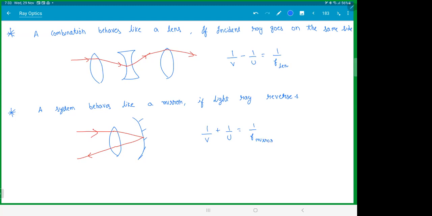Yes Aryan, we'll see that in the next class. What happens if there is a TIR? That's a good one. So TIR is what? It's like a mirror only. Have a look at this.